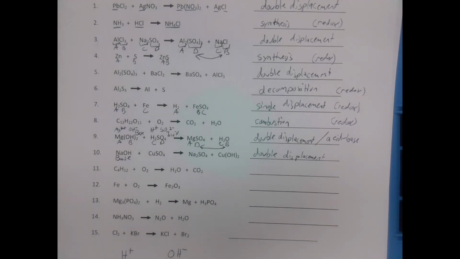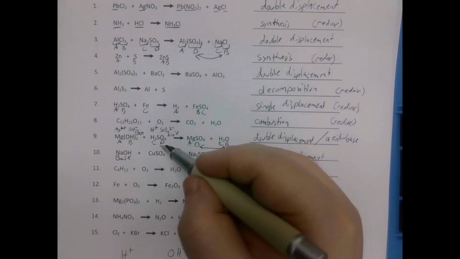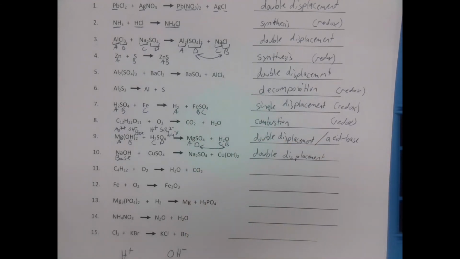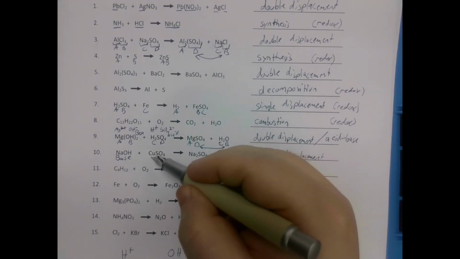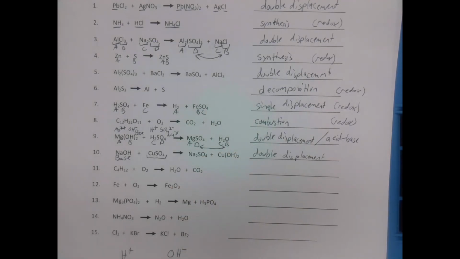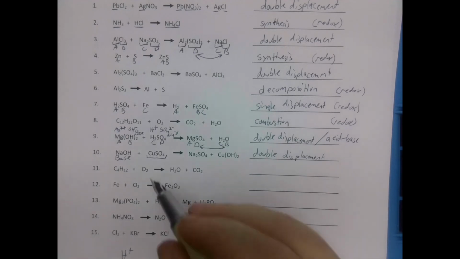NaOH is going to be used everywhere as our common base. H2SO4, sulfuric acid, is going to be our most common acid we'll use. However, this is not an acid-base reaction because this does not produce hydrogen ions. So this is non-acid.